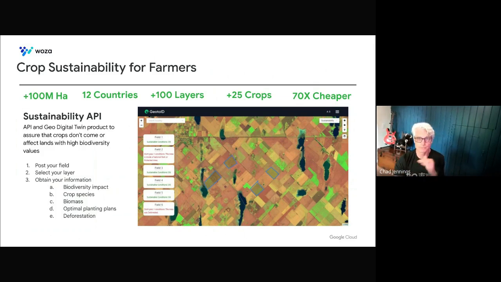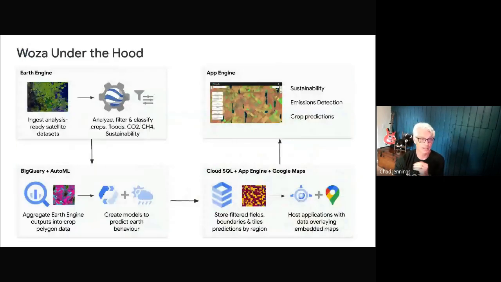Now, to make this application happen, Woza has done a fantastic job of knitting together a whole bunch of different elements of the Geospatial Analytics suite. They use Earth Engine to process those images and, for example, do that spectral comparison to differentiate corn from soybean. They export those data to BigQuery, and they've computed machine learning models to combine them with, say, weather data.